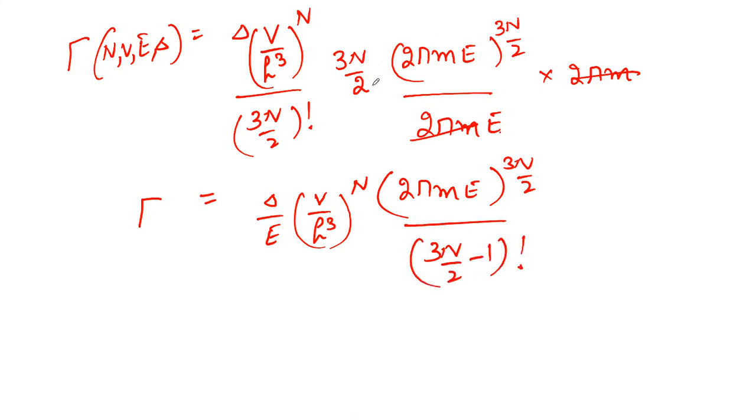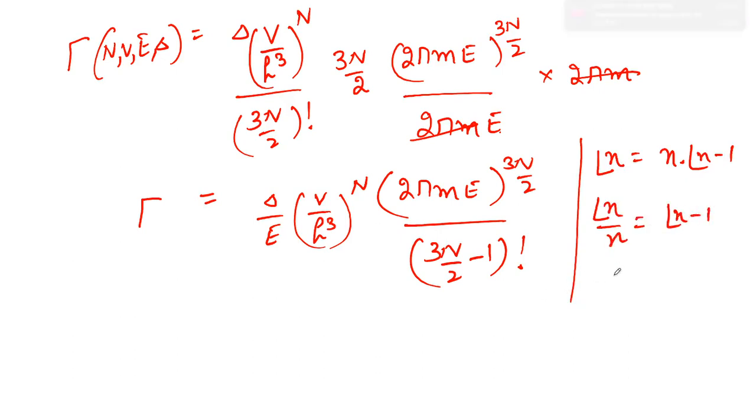So when this 3n by 2 comes in the denominator, we know that the gamma function gamma of n is equal to n into gamma of n minus 1, or similarly gamma of n over n comes out to be gamma function of n minus 1, or you can say that n over gamma function of n is equal to 1 over gamma of n minus 1.